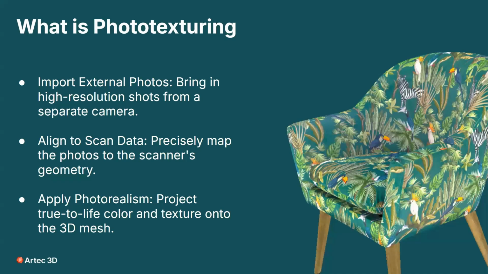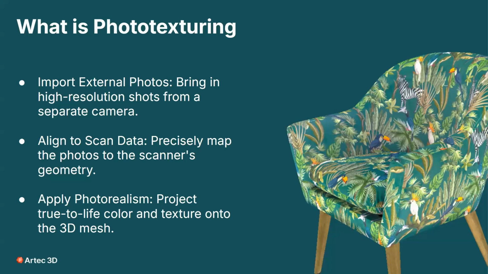So let's talk about what is photo texturing in general and in Artec Studio 20. In simple terms, phototexturing in Artec Studio 20 is how we get stunning true-to-life colors onto our 3D scan. While we use the exact geometry and shape of an object captured with our 3D scanner, we combine it with high-quality photos taken with an external separate camera.